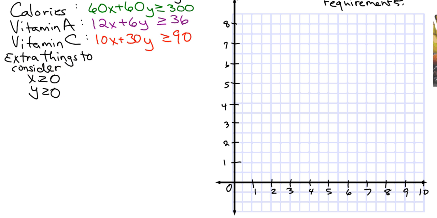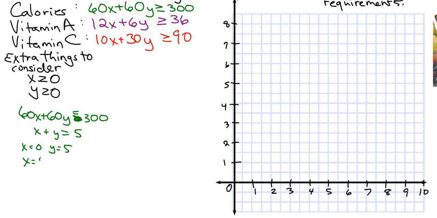And then I'm going to do some work. 60x plus 60y is greater than or equal to 300. So I'm going to set that equal. I notice that I can divide everything by 60 there, and I get just x plus y is equal to 5. That means if x is 0, y is 5.